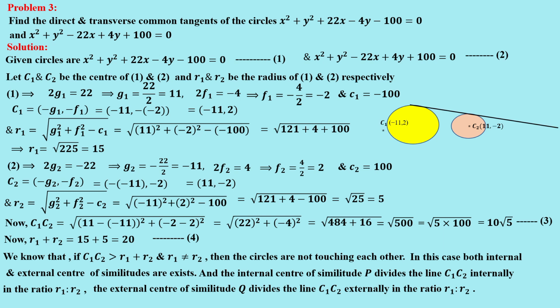There are 4 common tangents, that is transverse and direct common tangents. P is the point of intersection of the transverse, Q is the point of intersection of the direct common tangents.